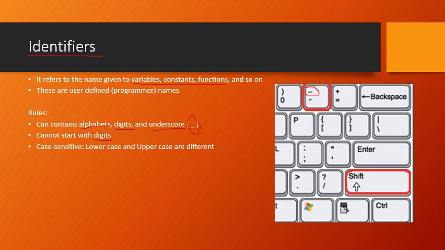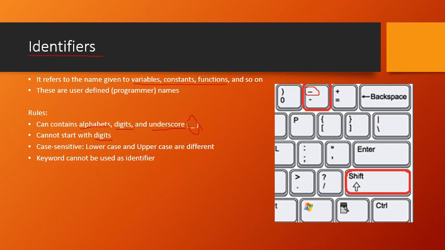Then next is case sensitive. As I said earlier, case sensitive means lowercase alphabets and uppercase alphabets are different. Lowercase a is different from uppercase A. Both characters are different here. Then keywords cannot be used as identifiers, right? Keywords have some predefined meaning, and that meaning cannot be modified by the programmer.